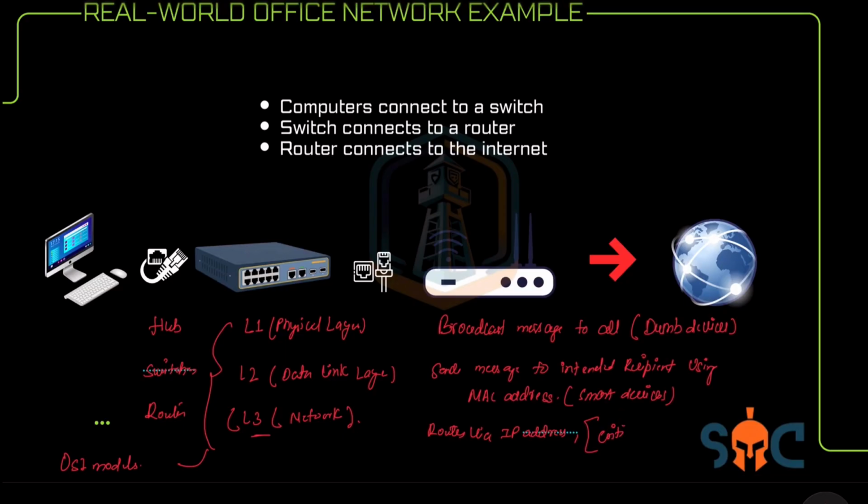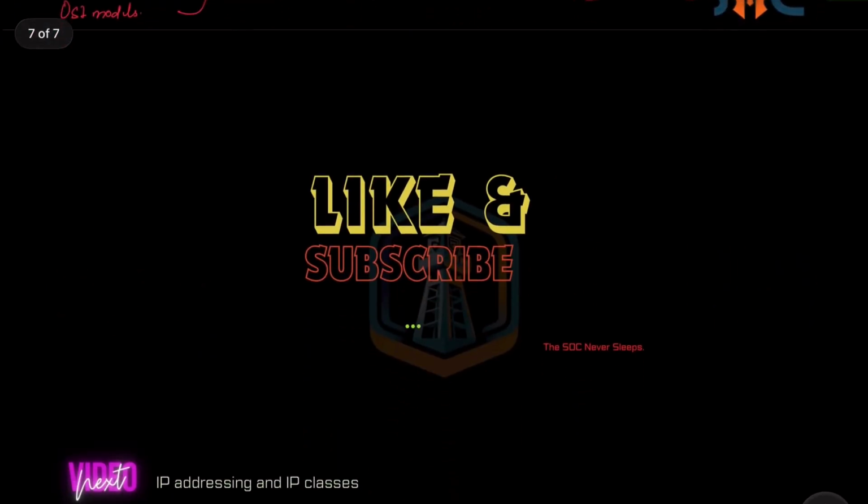Remember this as a critical device among all three network devices which we have discussed: hub, switch, and router. So remember one thing: hubs are insecure and outdated. Switches are smarter, and routers connect the networks. Now you understand how data moves through a network from hub to switch to router.